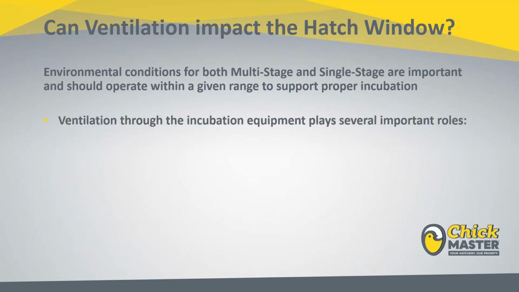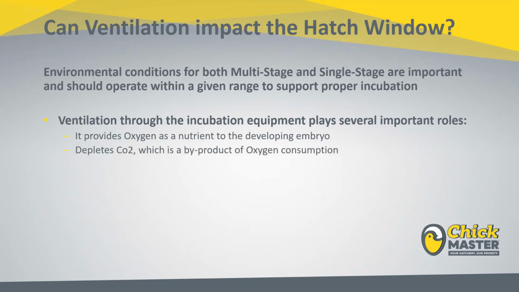Ventilation through the incubation equipment plays several important roles. It provides oxygen as a nutrient to the developing embryo, so therefore it is a requirement. It also depletes the CO2, which is a byproduct of oxygen consumption by the embryo. The ventilation also helps remove moisture that is produced by the developing embryos.